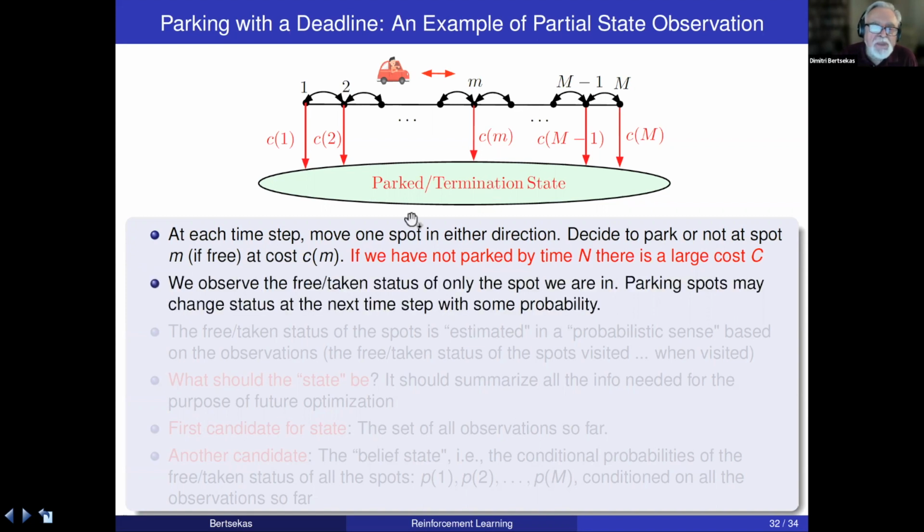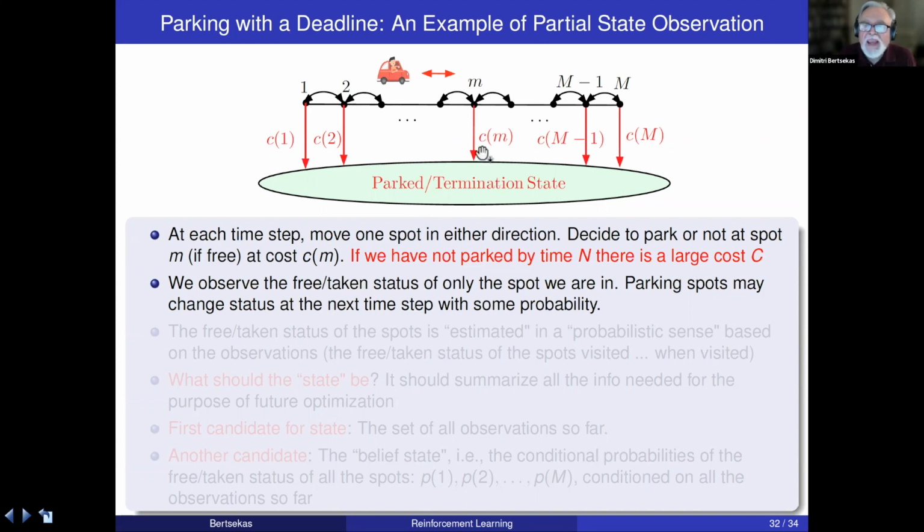However, let's assume that the driver can only observe the free or taken status of only the spot that he's in. So he's at state m, he cannot observe the status of other parking spots except this particular spot.